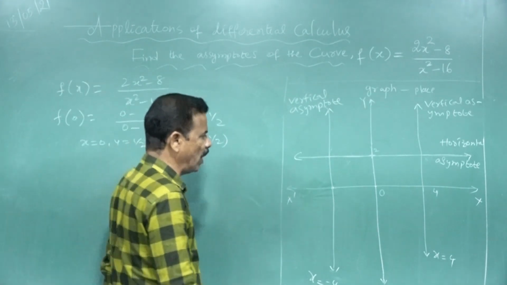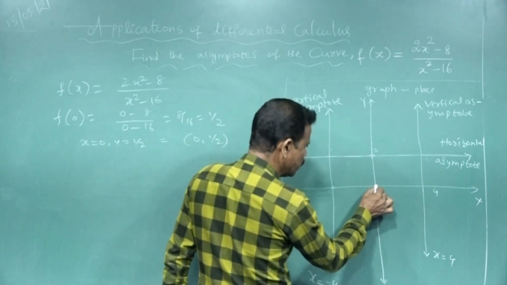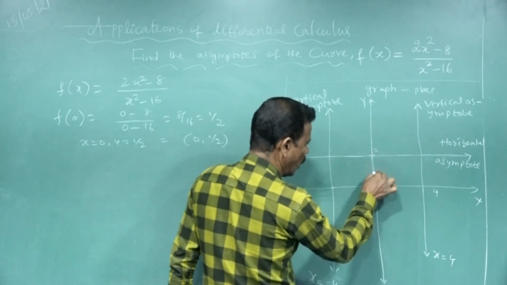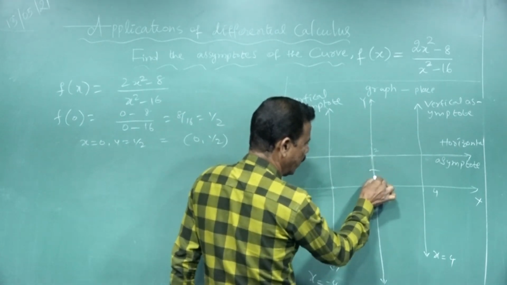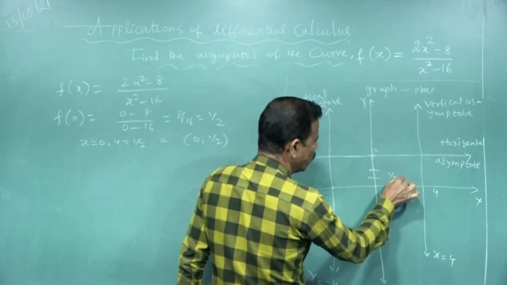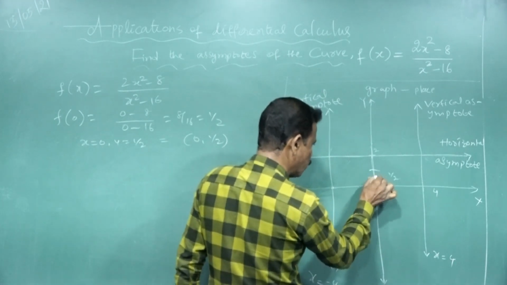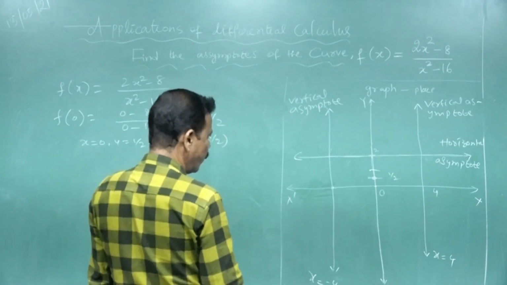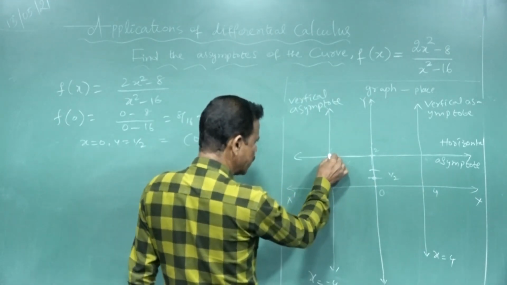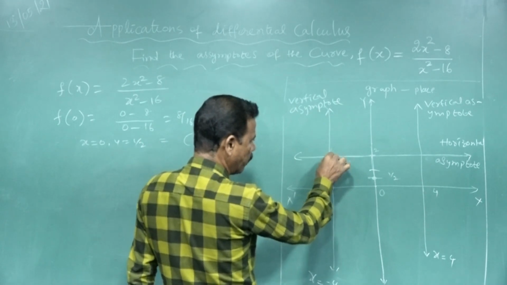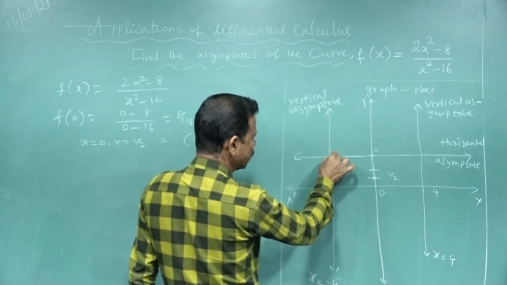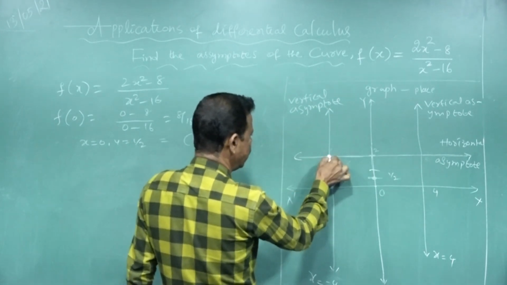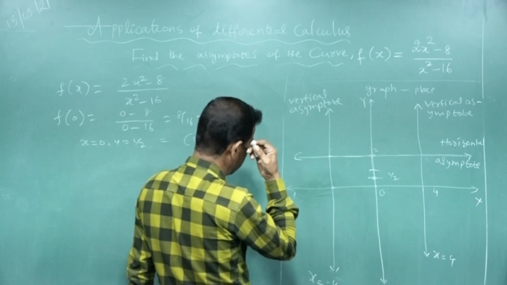Where is 1 by 2? x is 0 and y is 1 by 2, that is 0.5, so the curve passes through this point. Okay, if x takes minus 4 plus and minus 4 minus, this side and this side, both sides.